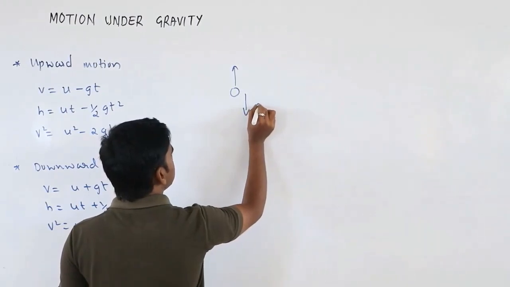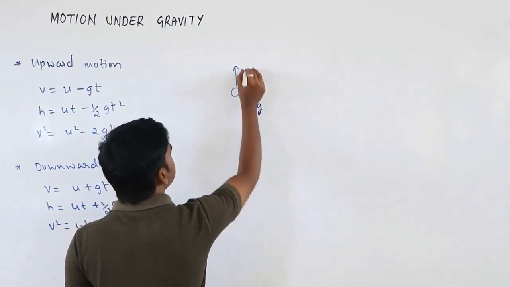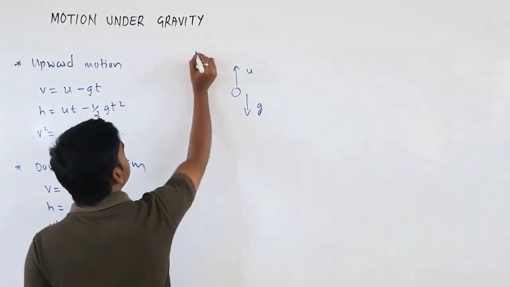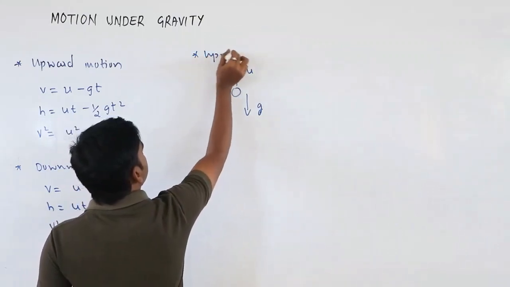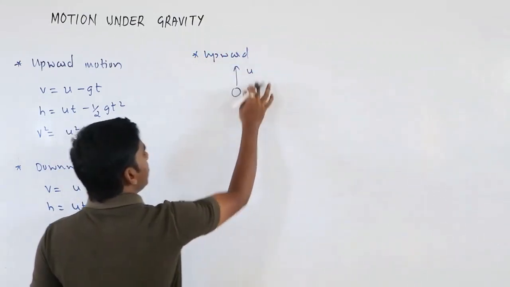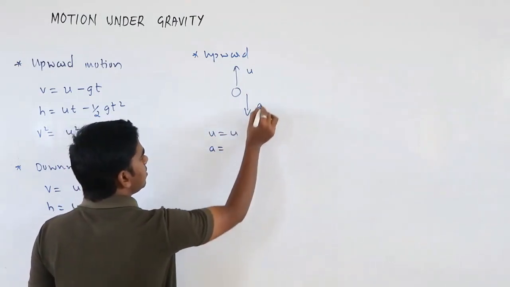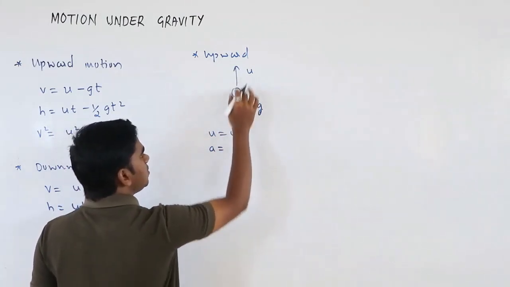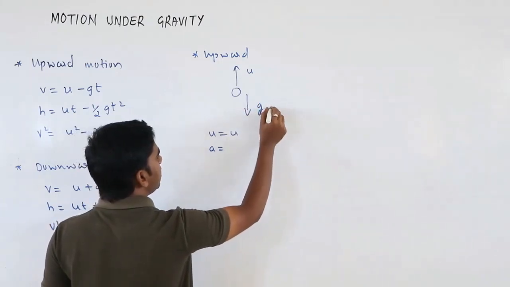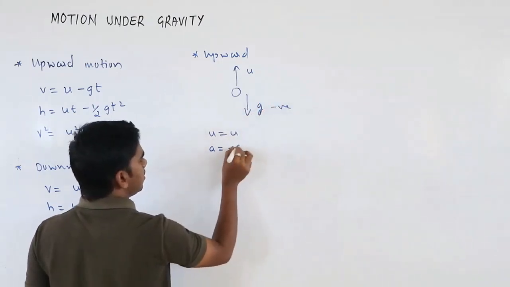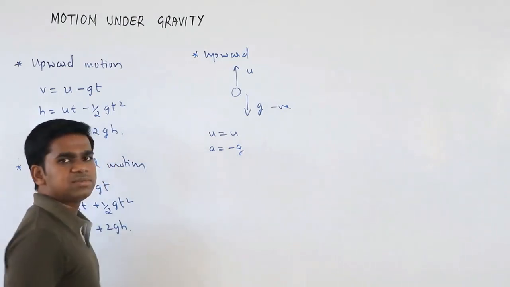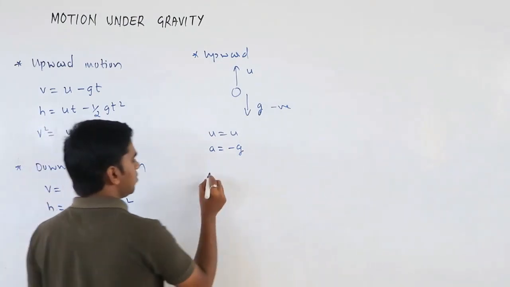So g is downward, body is moving upward; both are opposite. You take the velocity as it is. Acceleration is downward, opposite to this one, so you take it as minus g. Only consider this much, and you will get the equations.